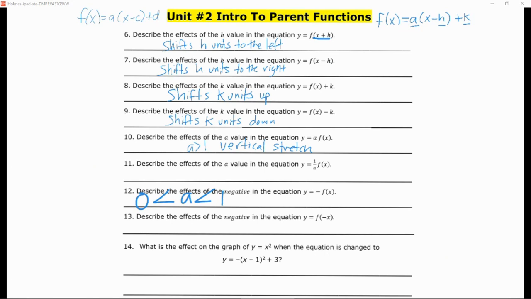Now you can have a fraction that's bigger than 1, like 5/2, which is the same thing as 2.5. 2.5 would be considered bigger than 1, so it would be a stretch. So you just want to make sure that the fraction is less than 1, between 0 and 1, and we're going to have ourselves a vertical compression.